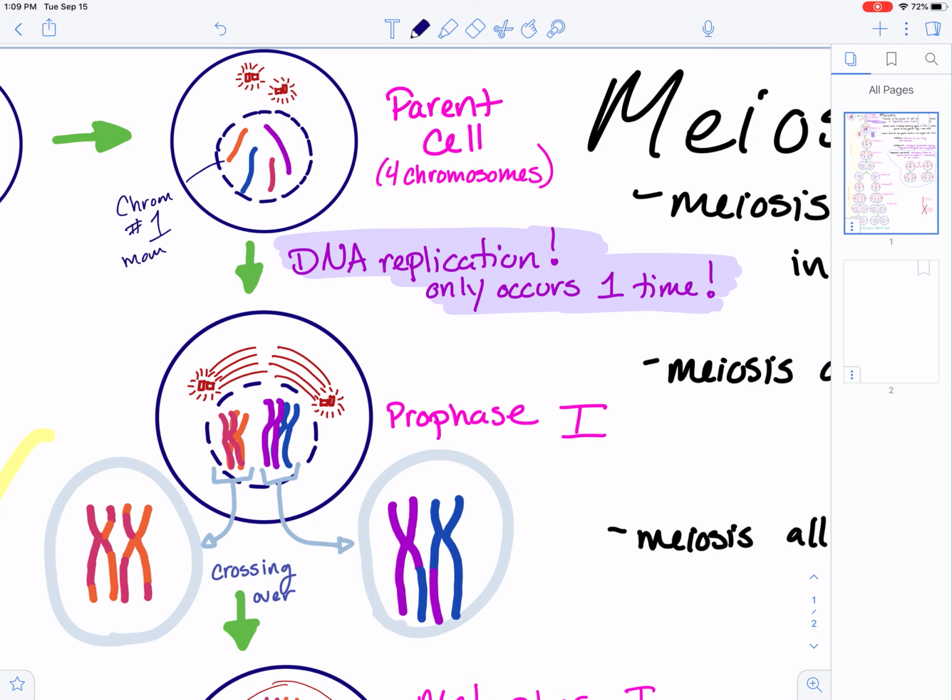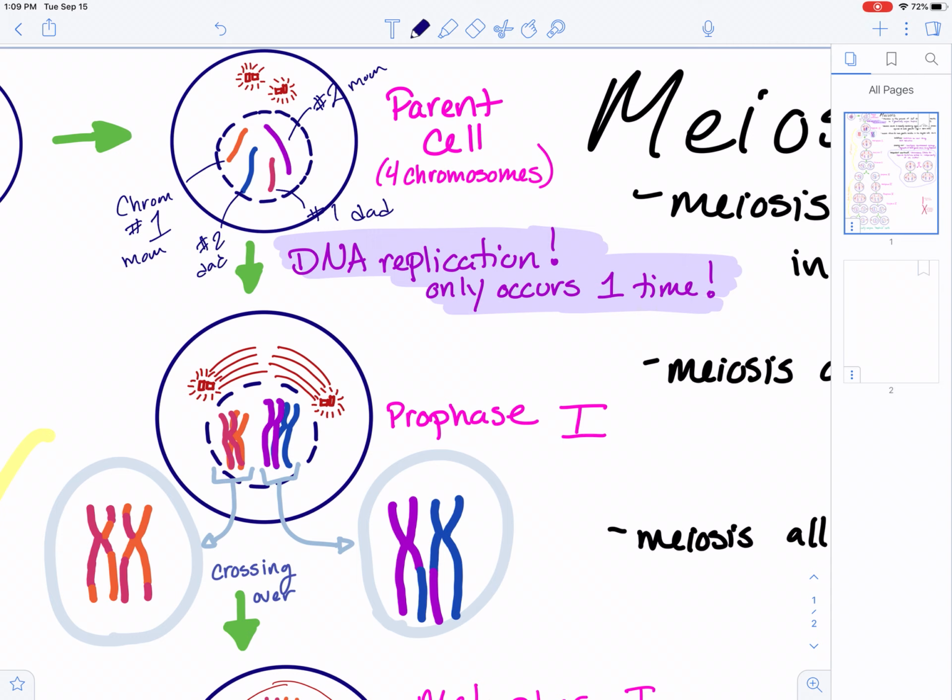And then it has another chromosome number 1, but this one came from its dad. And then it has a chromosome number 2, and this one came from the mom, and it has a second chromosome number 2, and that one came from its dad.